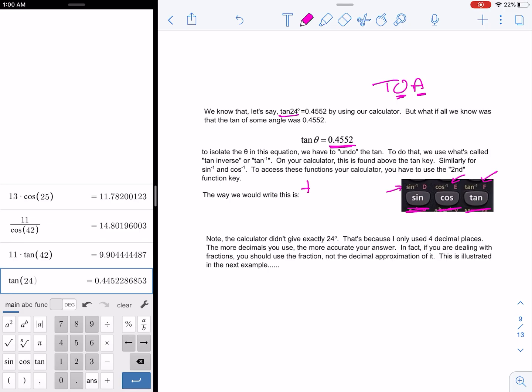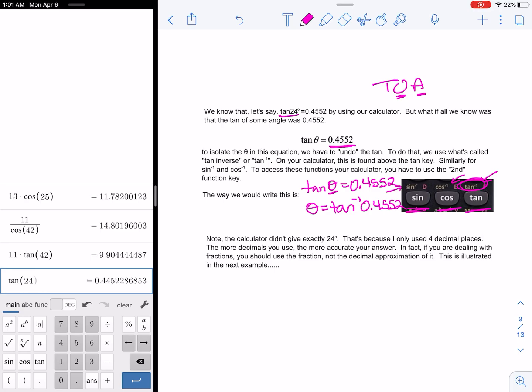So the way that we would write this, if this was the question that we had, is: the tan of theta equals 0.4552. To isolate theta, we need to get rid of the tan, so we tan inverse 0.4552. To do the tan inverse, because it's above the tan key, you need to use the second function or the shift key, whichever one you have on your calculator.